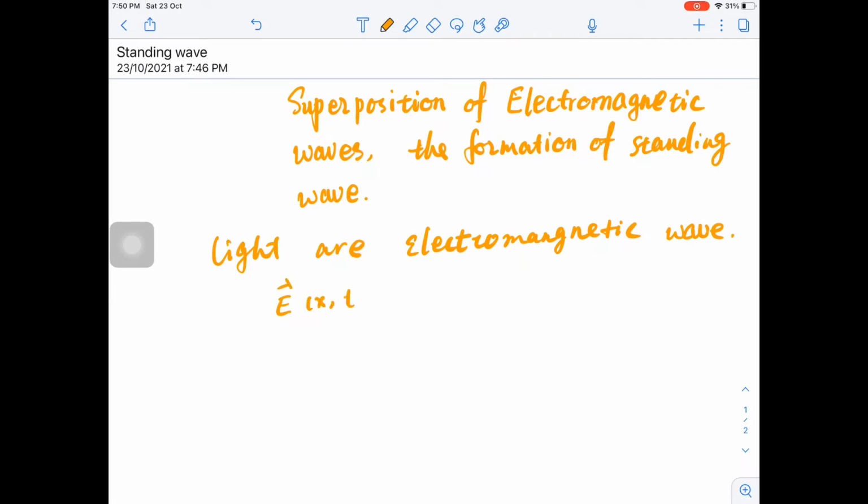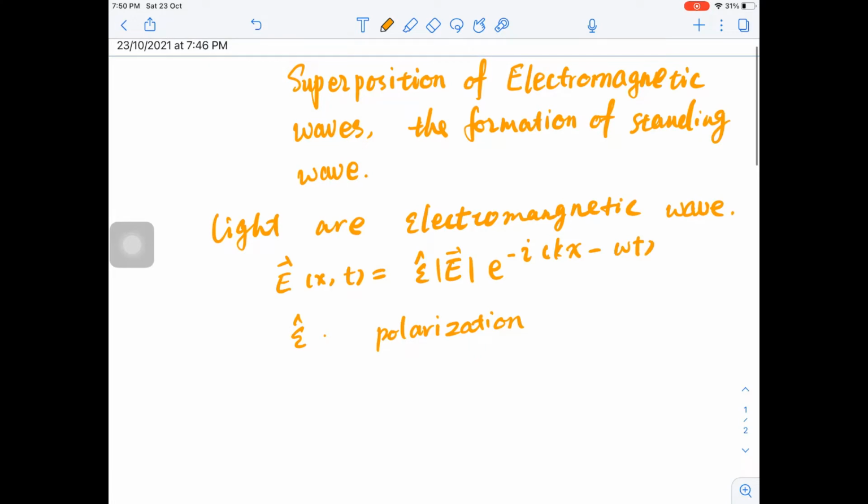Here E, which is the electromagnetic wave formula, is a function of x and t. x is the position, t is the time, where epsilon hat describes the polarization. The E module gives the amplitude of the electromagnetic wave.